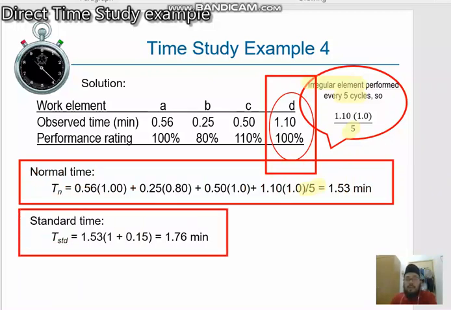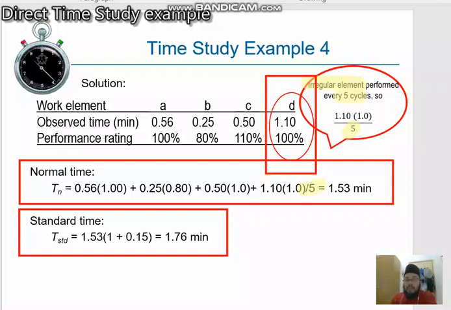So what we learn from this example: first, the time observed in this example was taken using the snapback method, which means the data in each element is already specific to each element.